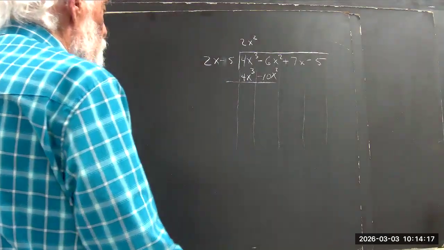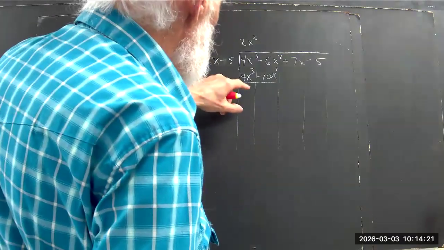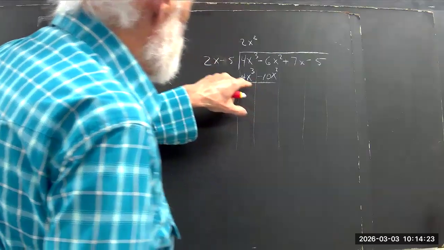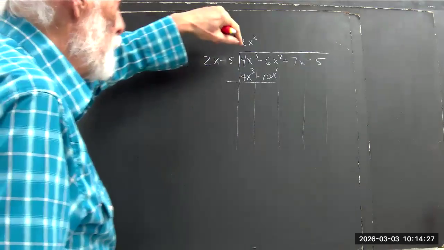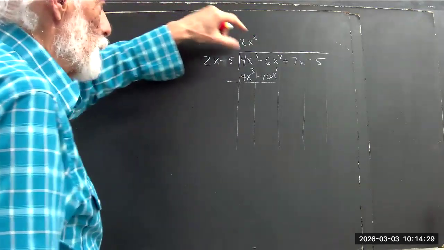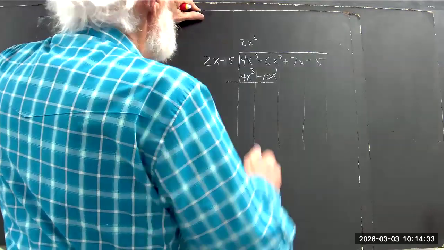Okay? Now, I remind myself that I've got to subtract the numbers that I just got, the 4x cubed minus 10x squared, from the dividend.